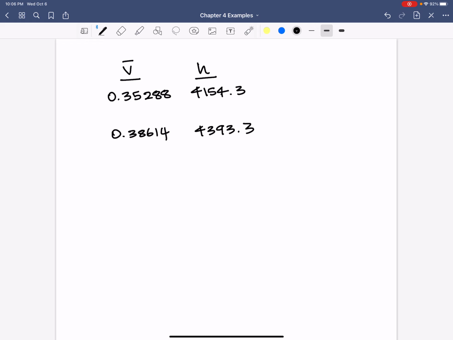And for the specific volume of 0.3804, what is the specific enthalpy? That's what we're going to calculate from linear interpolation. Let's do that.